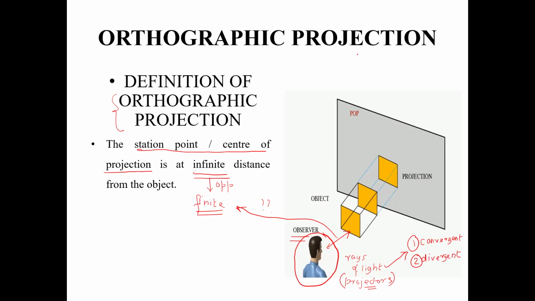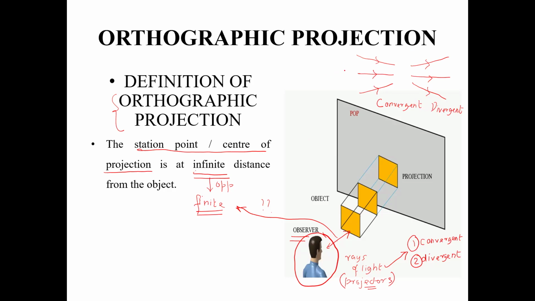So convergent light rays look like this. This is convergent light rays. And divergent light rays look like this. All of you have studied this a lot of times in physics. This is how divergent light rays appear.